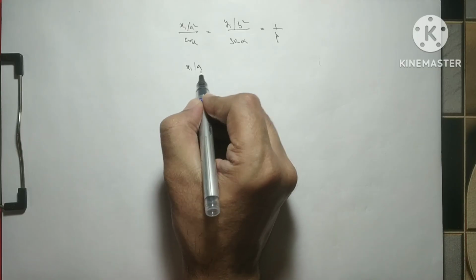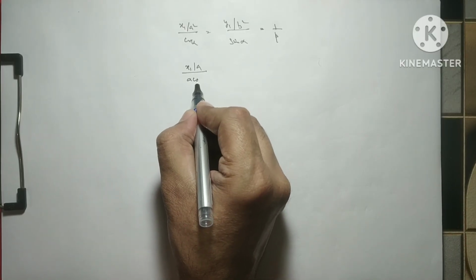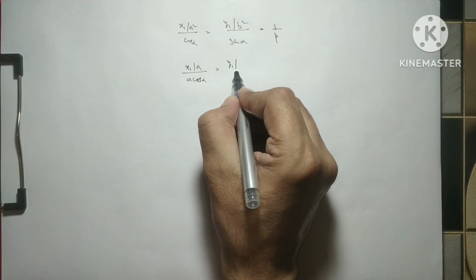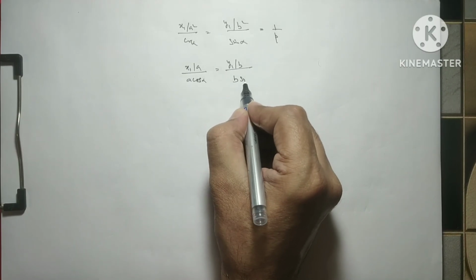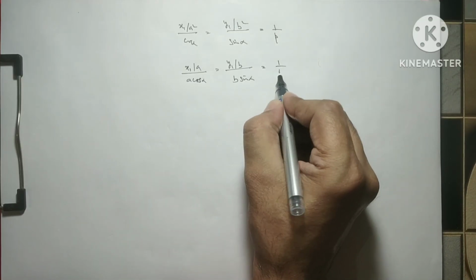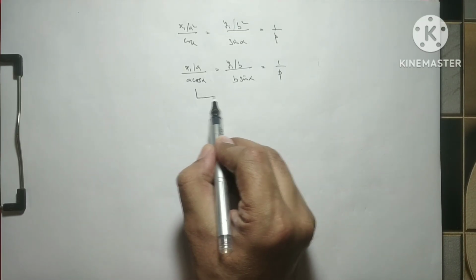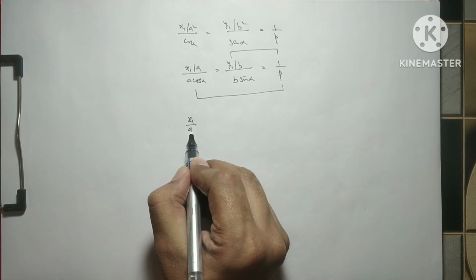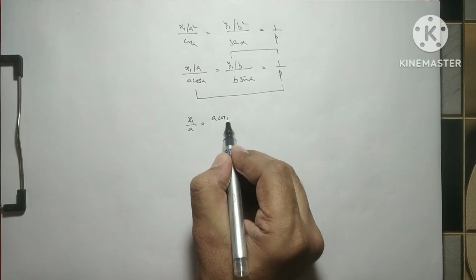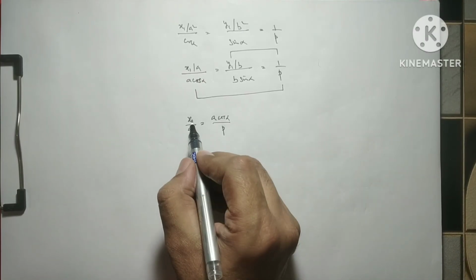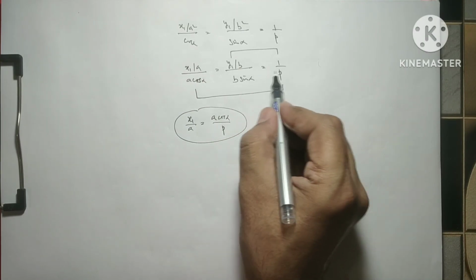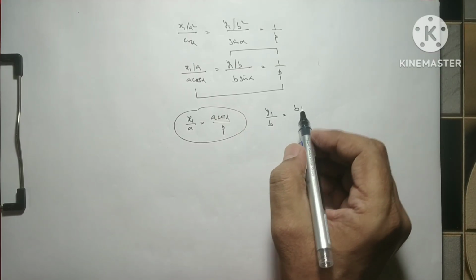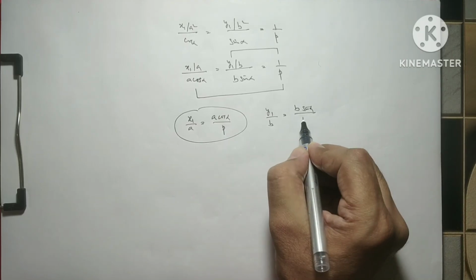So x1 over a is a cos alpha, or you can say y1 over b sin alpha equals 1 over p. So we will collect two relations. So x1 over a is a cos alpha over p. This is the first relation, and from this we get y1 over b. It is b sin alpha over p.